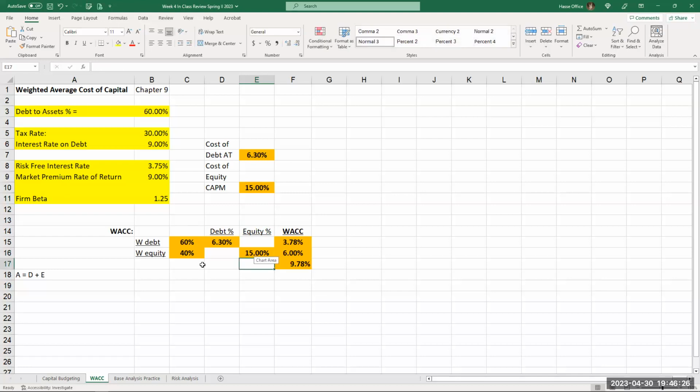So 15% as our cost of equity, and I weight that 15% by the capital structure percentage of 40%, I get 6%. Add the two together, the after-tax weighted average cost of debt of 3.78 plus the cost of equity via the capital asset pricing model, the expected return investors expect to receive, weighted by the equity position of the company, equals 9.78%.